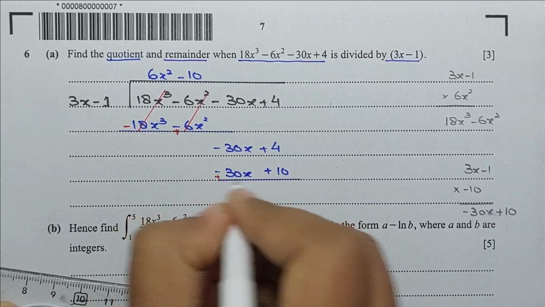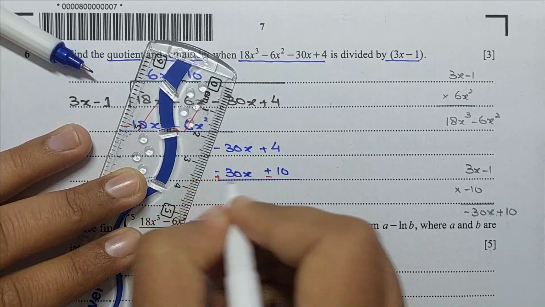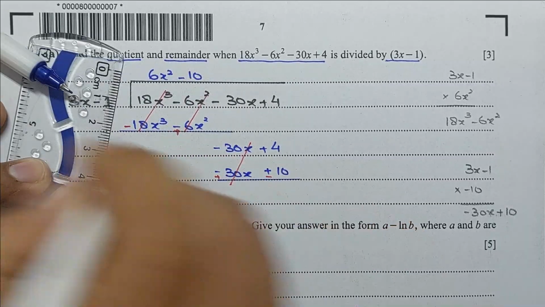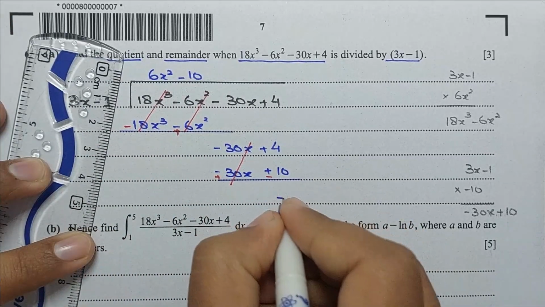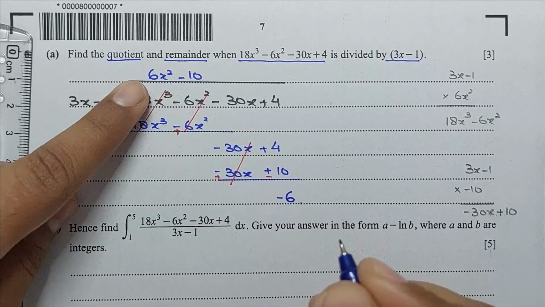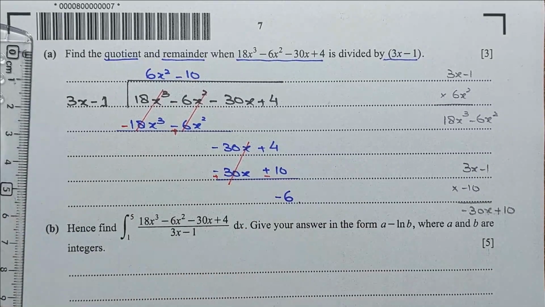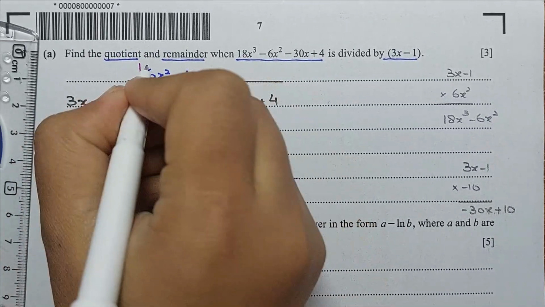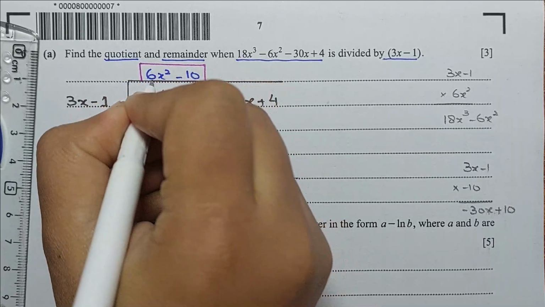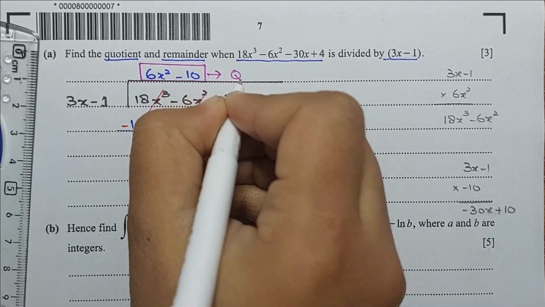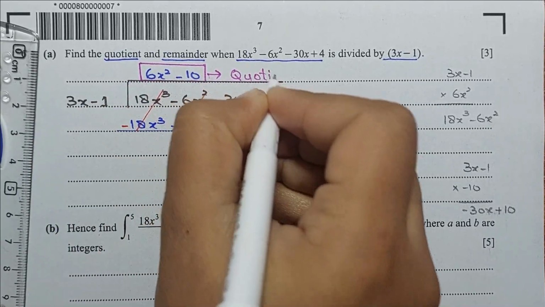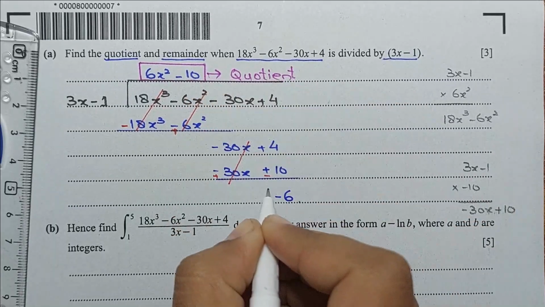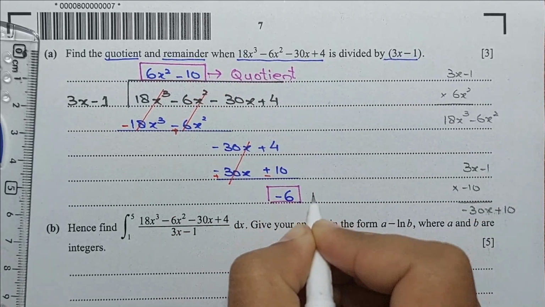Minus 30 and plus 30 cancel out, and 4 minus 10 is minus 6. So this expression is your quotient and negative 6 is the remainder.